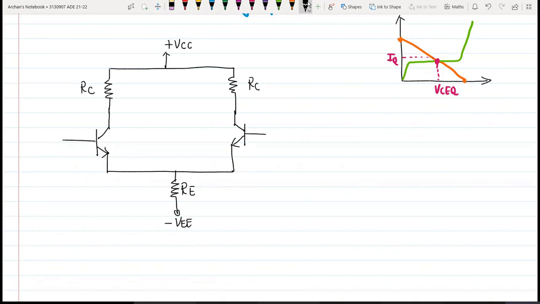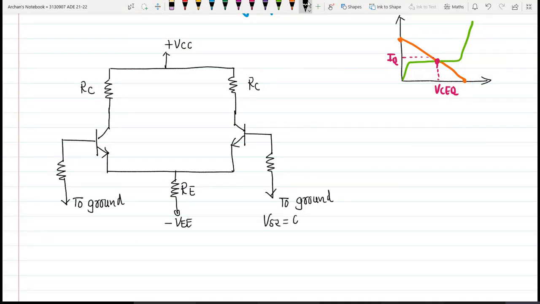Now to the base of both the transistors we are connecting the input signal which is AC in nature, so we will try to reduce this AC component. We will have both these terminals connected to ground. Now the values of Vs1 and Vs2 will become 0, and the values of Rs1 and Rs2 will now be same.